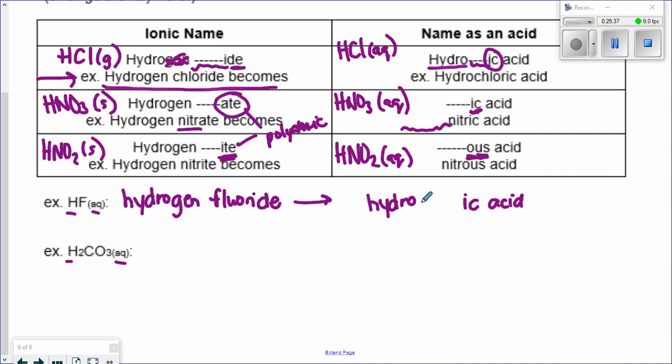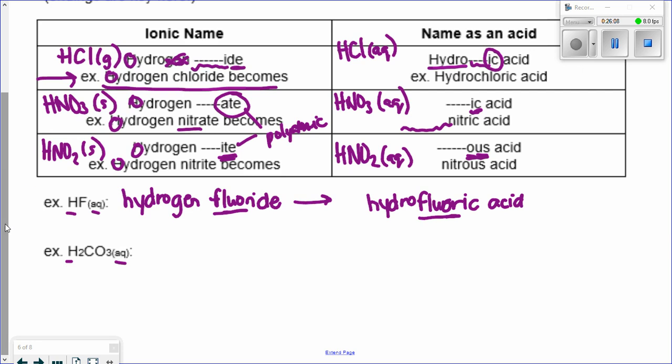And this part is going to be fluoric, hydrofluoric acid. So that fluor part ends up right in here. So hydrofluoric acid. Just as a note, these shouldn't be capitalized, any of these. Word seems to like to add that on if it's the first thing in a sentence, but they should not be capitalized.